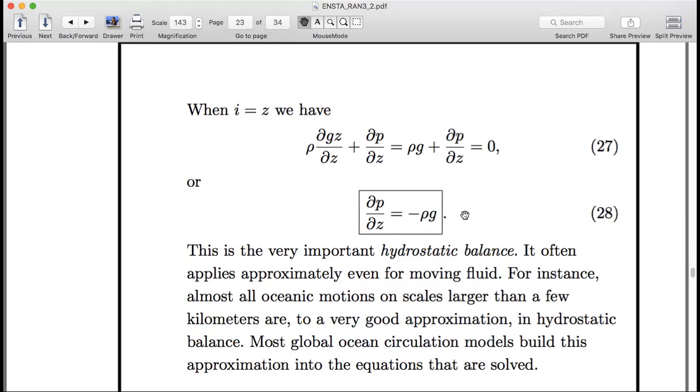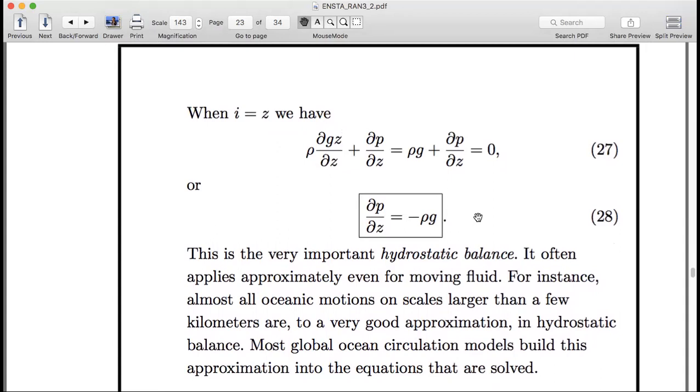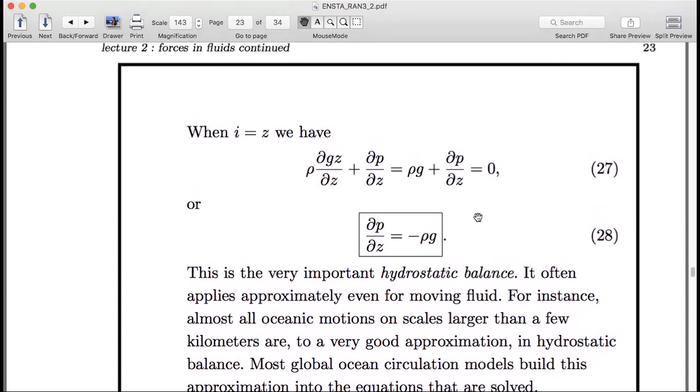So scuba divers use a rule of thumb that if you descend 10 meters, your pressure increases by 1 atmosphere. But we derived that quite rigorously, right?